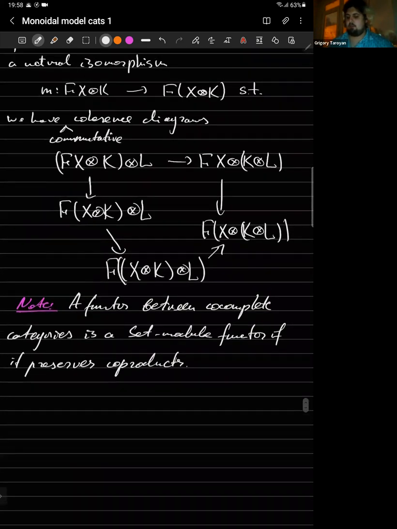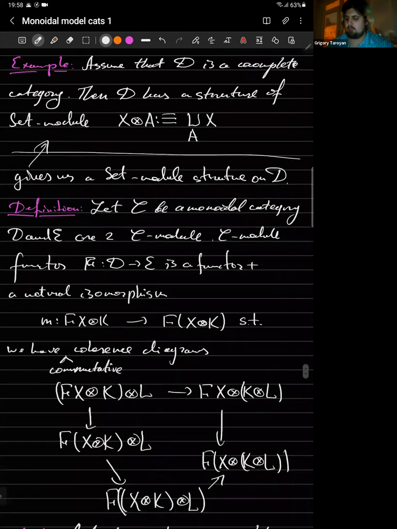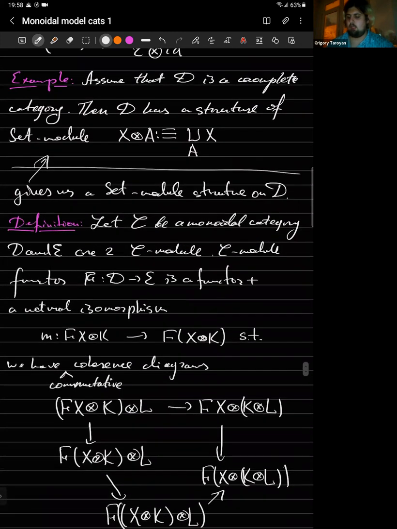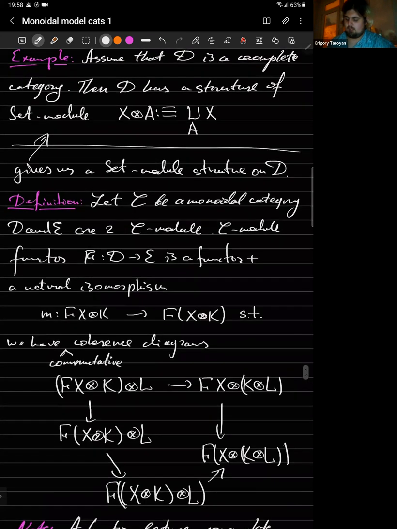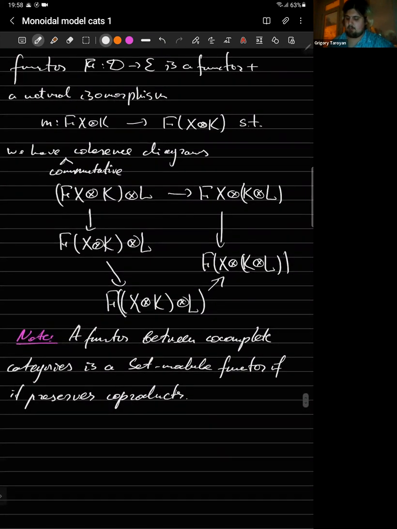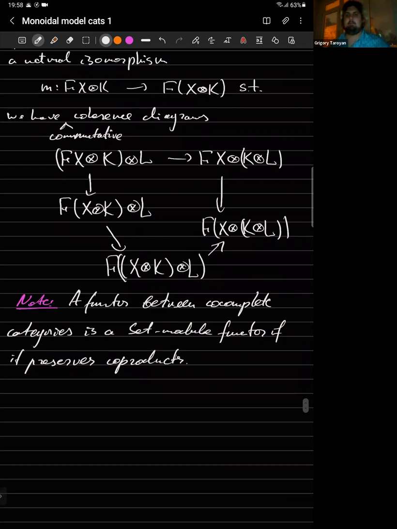Well, this is trivial because, as was said earlier, the canonical structure of set module in a co-complete category is just this thing here. So obviously, this is the same as requiring that the functor preserves co-products.